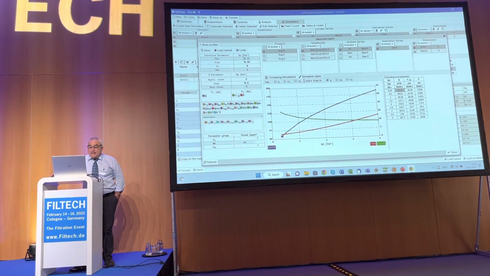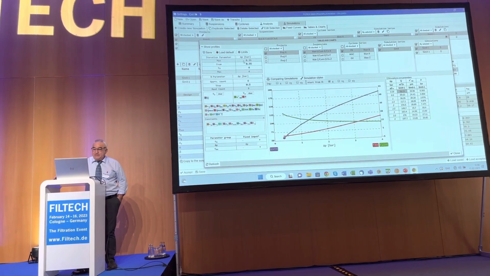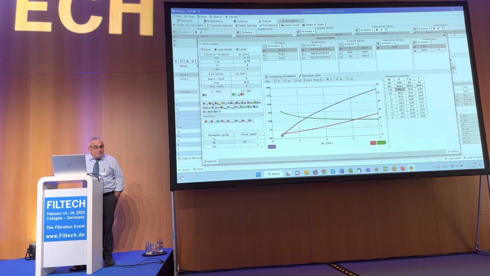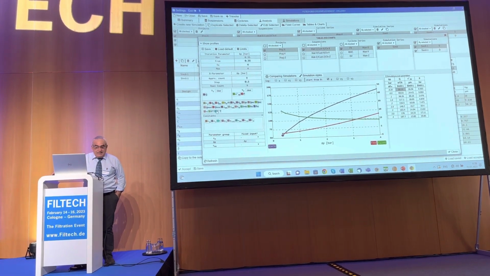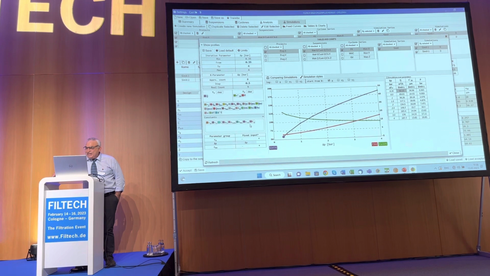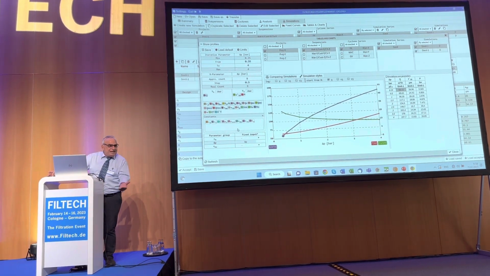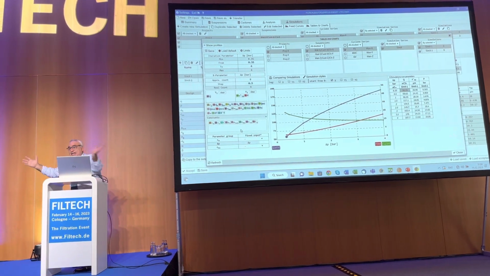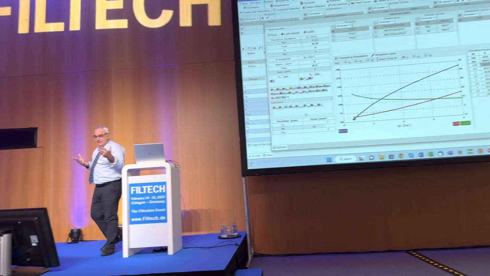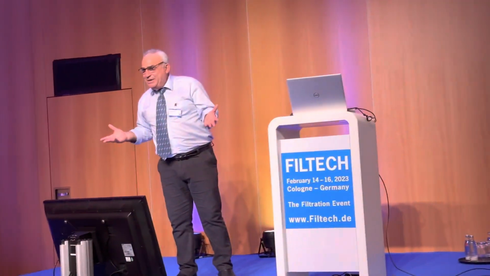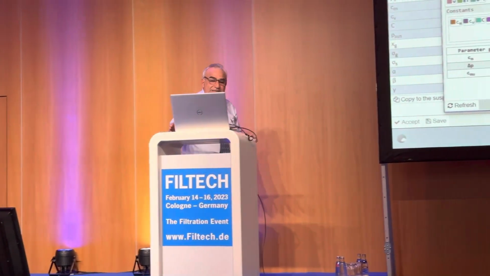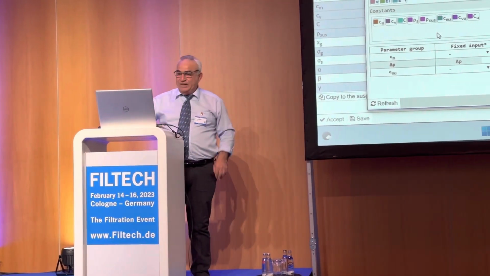That means here the pressure difference is the iteration parameter from 0.35 to 4. And here you see all these parameters are influenced by delta P, and these parameters are constant, not influenced. So automatically you can know, for every parameter you select as iteration, which result parameters are influenced by this iteration parameter, and which remain constant. So you have a high flexibility, you can again study the influence of any parameter.